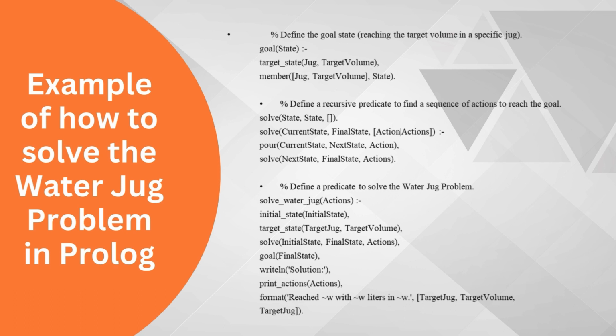Then write writeln solution in a single quote, then print actions and format reached ~w with ~w literals in ~w, target jug, target volume, target jug.